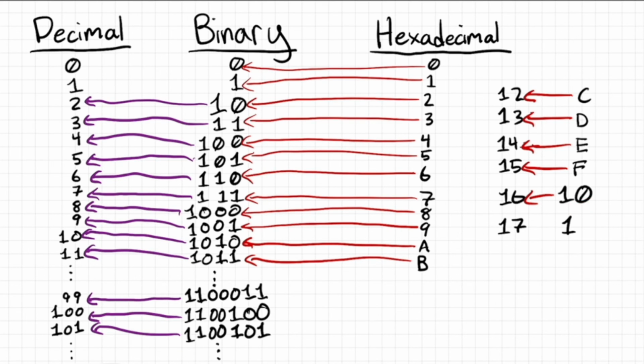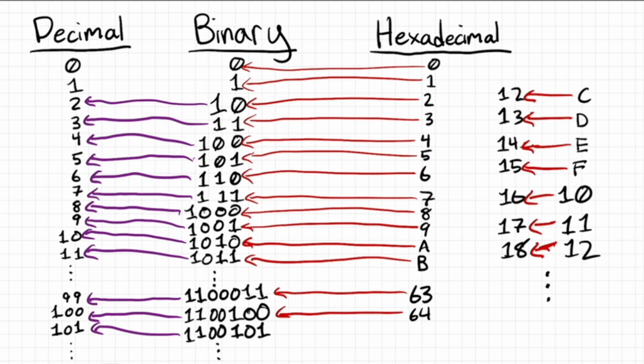So 1, 1 would be 17, and then 18 would be 1, 2, so on and so forth. So coming back over here, we have 63, which would be 99, and then 64, which would be 100, and 65, which would be 101.